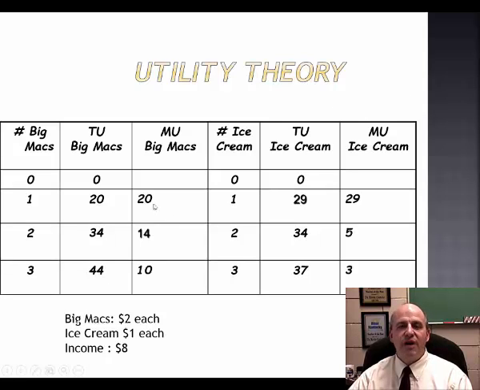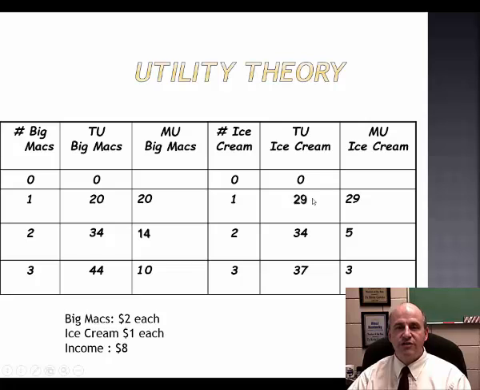So you'll notice my first Big Mac gives me 20 units of satisfaction. I go from 0 to 20, so my marginal utility of the first Big Mac is 20. The second Big Mac only gives me an additional 14 units of satisfaction. I got 20 from the first Big Mac, and I have 34 total, so the second Big Mac only gave me an additional 14 units of satisfaction.